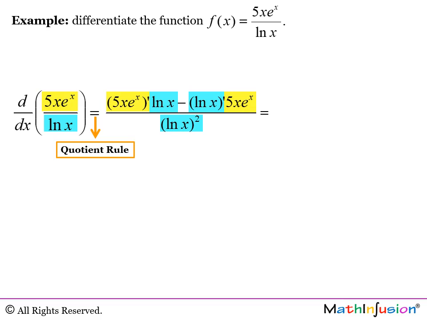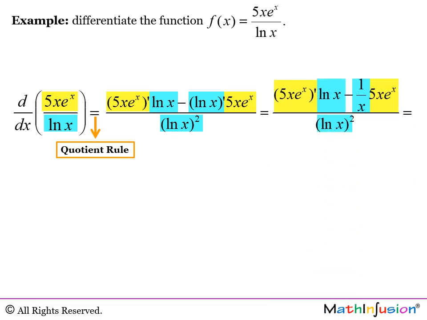Differentiate the first, which is 5x e to the x, times the second, minus differentiate the second times the first, over just square the ln of x and put it under the fraction line. So now you can see that I'm just getting rid of the easy part. I replaced the derivative of ln of x by 1 over x, because now I really need to be focused on the derivative of the product, which is 5x e to the x.